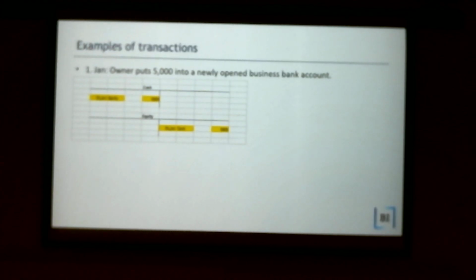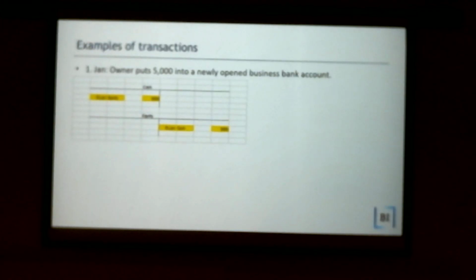It's specified when this happens and what other side of the transaction is affected. Yeah? And so you write this January 1st, equity, cash goes up by 5,000 on the debit side, and equity goes up. So here you see it makes sense that we have increases of claims on the right side, on the credit side.